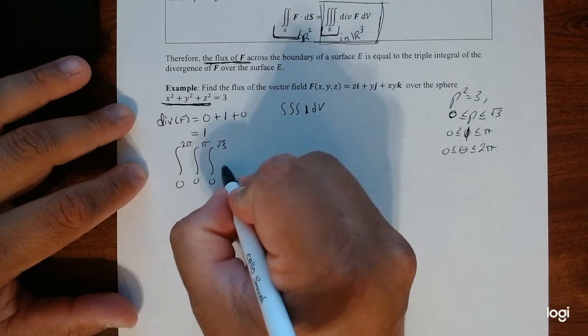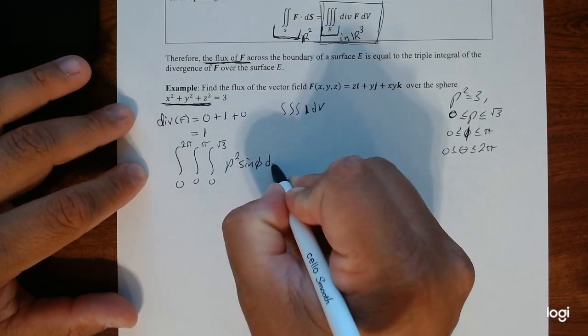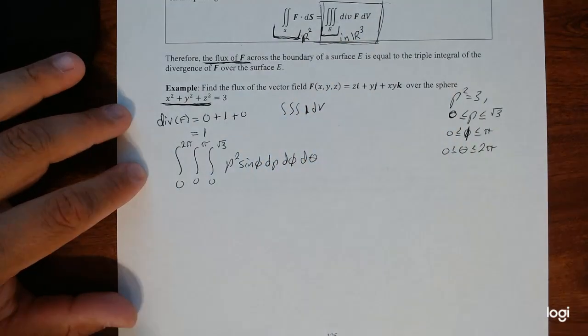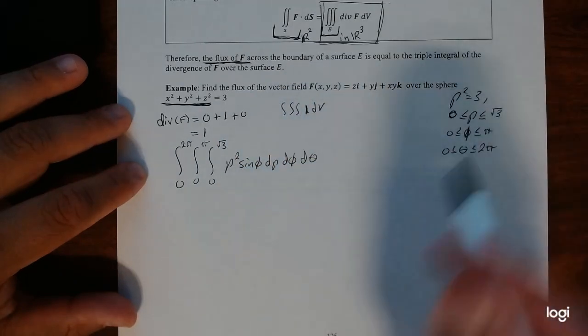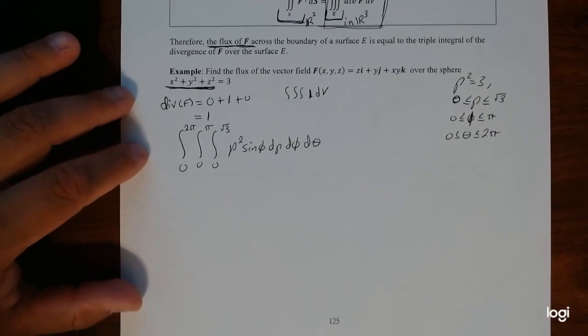Our conversion is rho squared sine phi d rho d phi d theta. I'm purposely not plugging in rho because there's a reason for that.